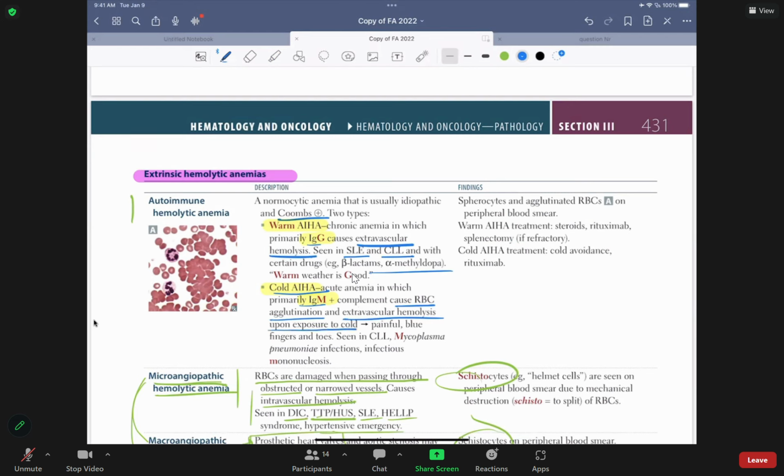Exposure to cold, this can happen. Very basic, just keep it like that. And then for treatment we could use steroids, and if nothing works, splenectomy, because the spleen is key here. This is a certain disease where the spleen is the treatment, so be careful.